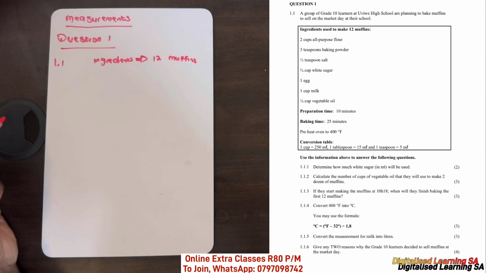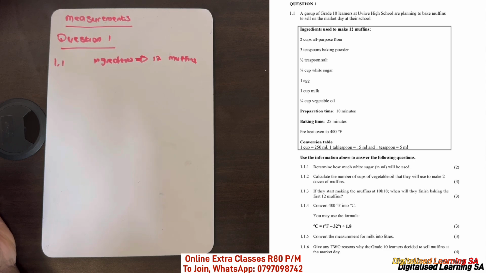The ingredients are: 2 cups of all-purpose flour, 3 teaspoons of baking powder, 1/2 or half a teaspoon of salt, 3/4 cup of white sugar, 1 egg, 1 cup milk, and 1/4 cup of vegetable oil.